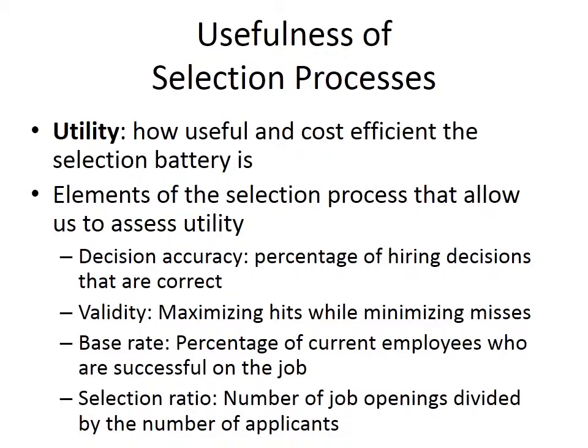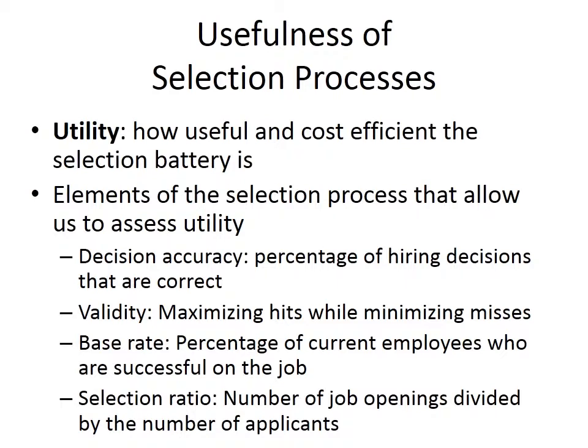We still want to know at the end, once you put all of this together, what is the amount of variance being explained in our predictors of actual performance. And again, the higher that validity, the higher that coefficient, that means we're going to be getting more hits and minimizing our misses. We also need to know the base rate before any change or before any intervention.